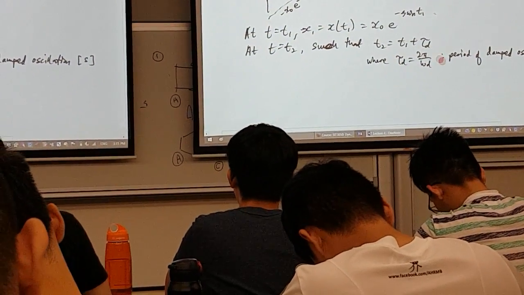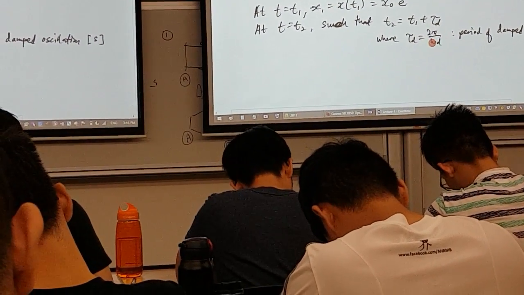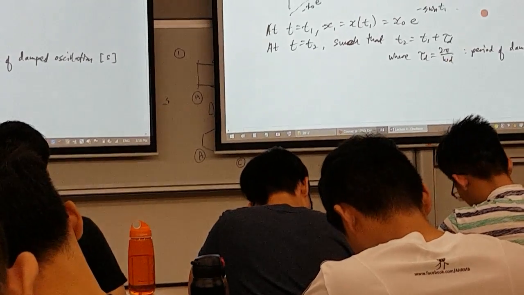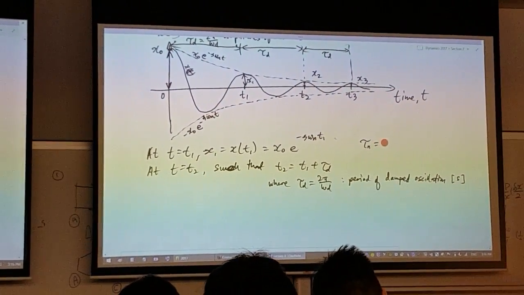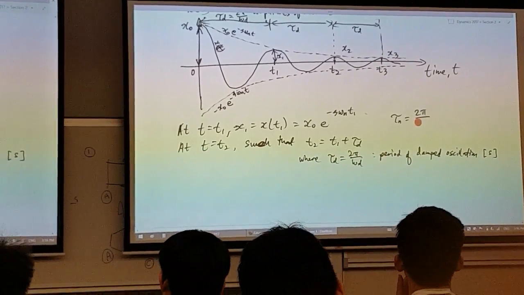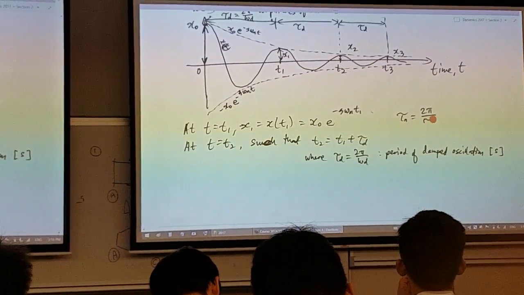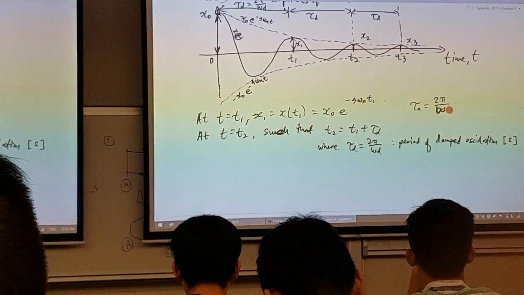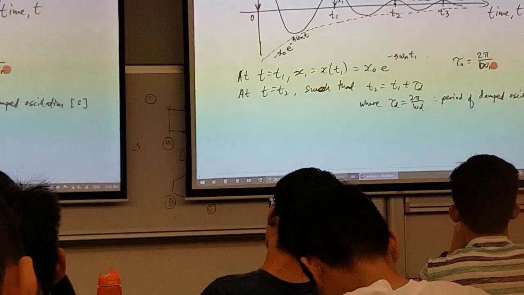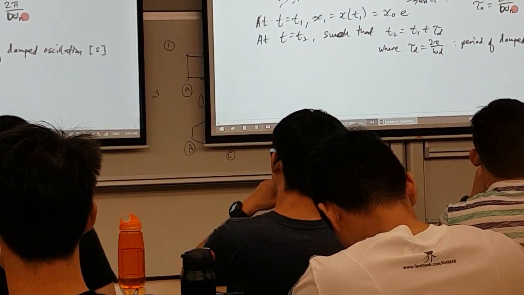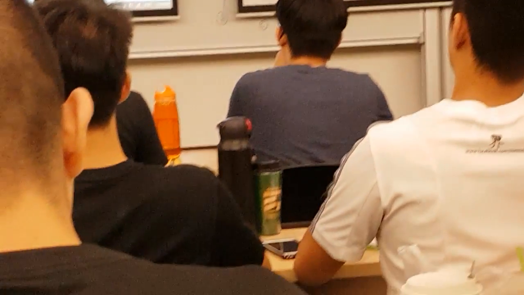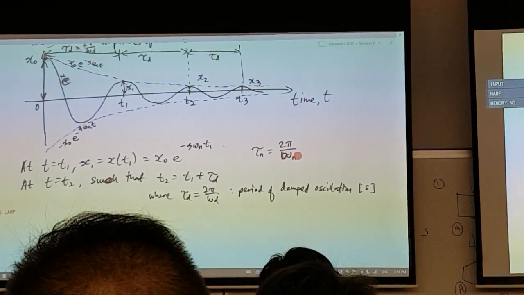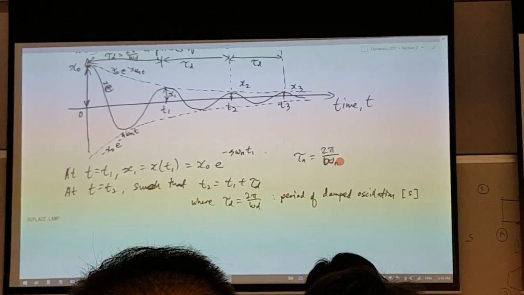If you have seen this formula before, some of you may remember it. We have seen something very similar before. If I were to show you again, in the data sheet that I have, this one is tau d.